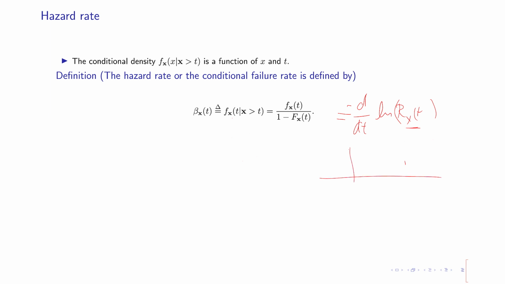So for the hazard rate, you plot the reliability. Reliability itself is a decreasing function, R_X(t). If you plot it in a log scale, minus ln of that, at this point R(t) is 1, so its ln is 0. Because this function is decreasing, the ln should be decreasing, but because we have a minus here, this is going to go up.